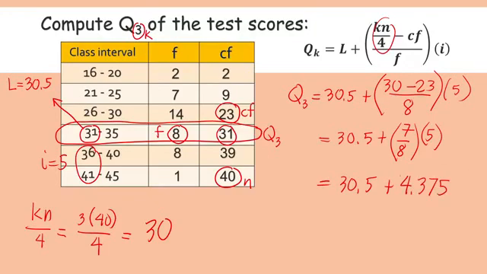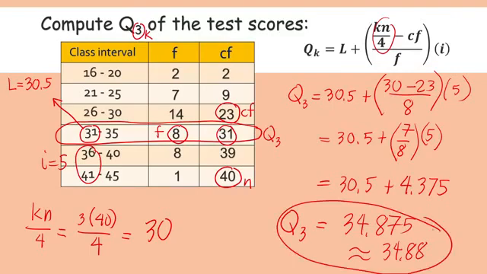Plus 30.5 is 34.875, or you can have 34.88. This will be the value of the third quartile.